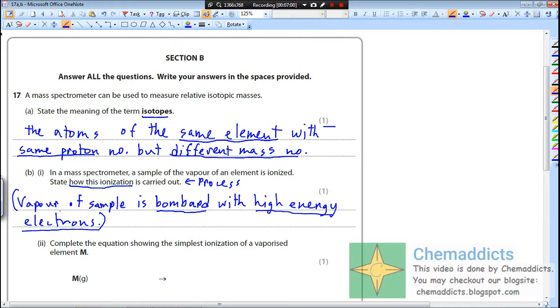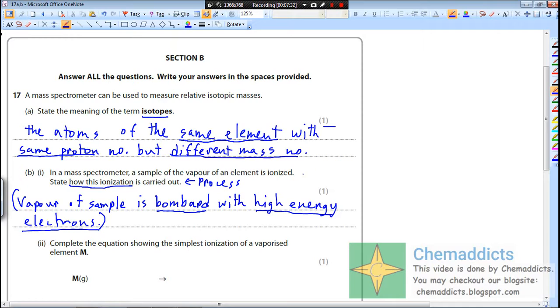We need to avoid these two things. This is one thing we need to keep in mind. Another thing is that we don't need to mention the ionic equation, since in the next question we are asked to give the ionic equation for this step.